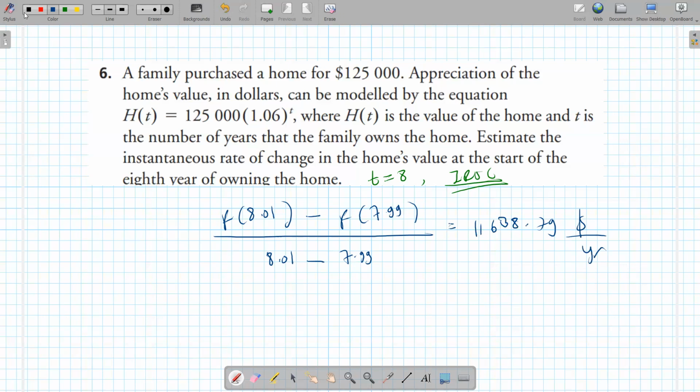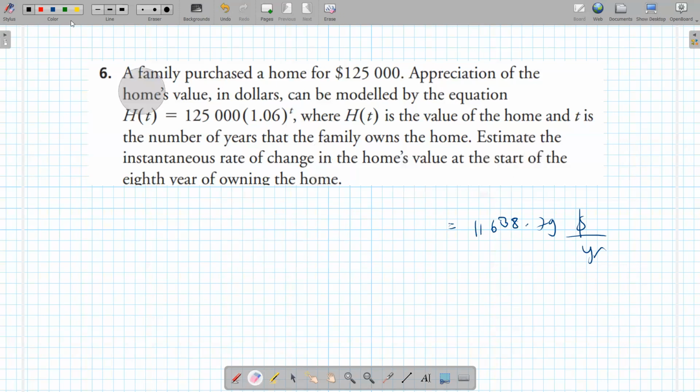Actually, when I said there's no shortcut, I lied. It's not the same idea as the polynomial one. There is a way to get h prime of t. Let me show you. What you do is, h prime of t, funnily enough, is the exact same thing as the main function. This is only for this.